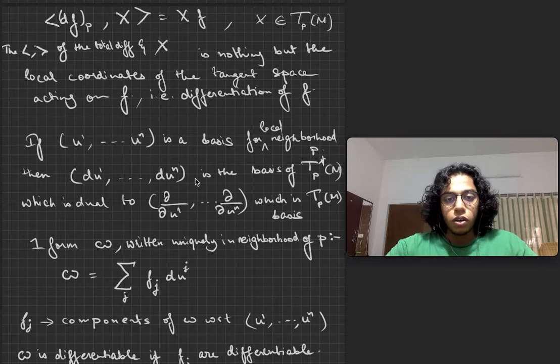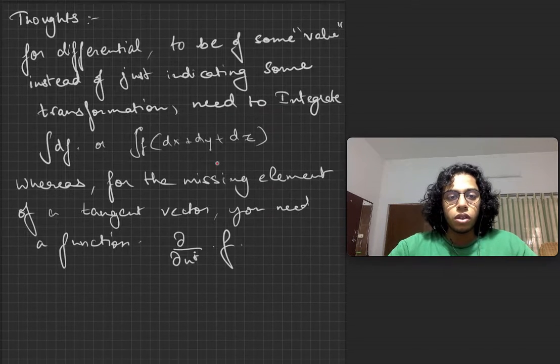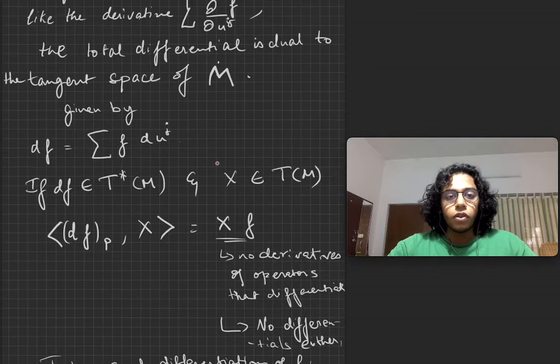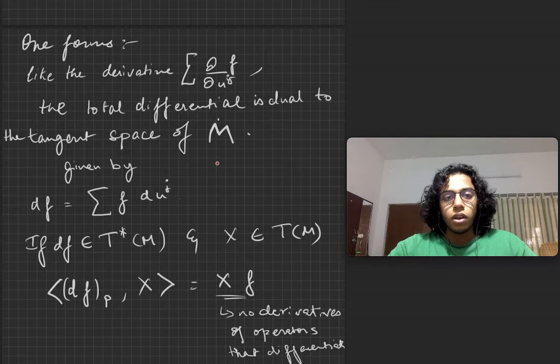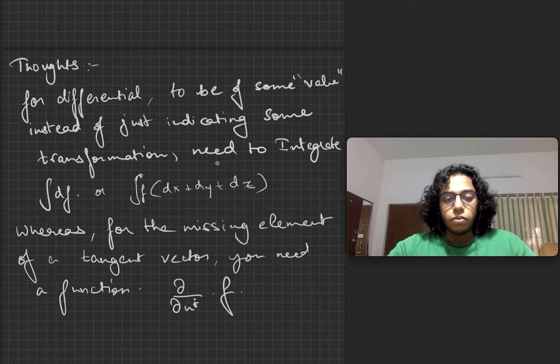Coming back to today. We had the differential. We left off at the definition of the one form, with the differential operator df given by the summation of the partial derivative of f with respect to ui times dui.